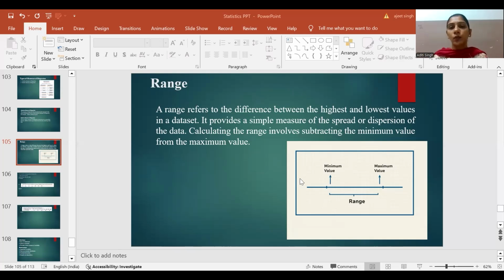Calculating the range involves subtracting the minimum value from the maximum value. The formula of range is the largest value minus the smallest value. So we will do one to few numerical questions on range.